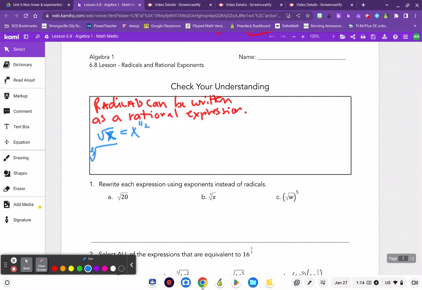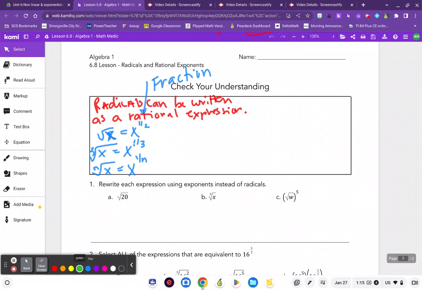If I have cube root of x, that's the same as saying x to the 1/3. And so in general, if I have the nth root of x, that n is the root that I have. It's called the index. I could write this as x to the 1/n. Whatever that root or index is going to be in the denominator of that rational or fractional exponent. When I say rational, I mean I can write my exponent as a fraction.